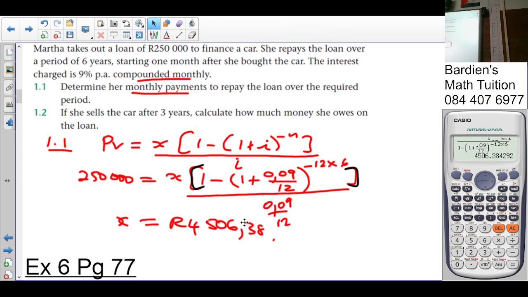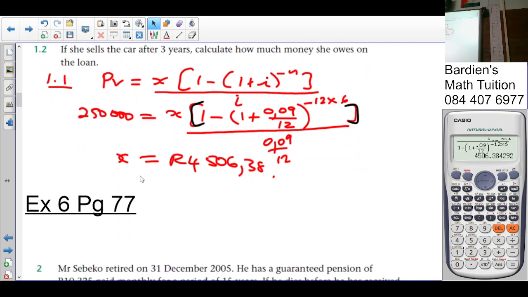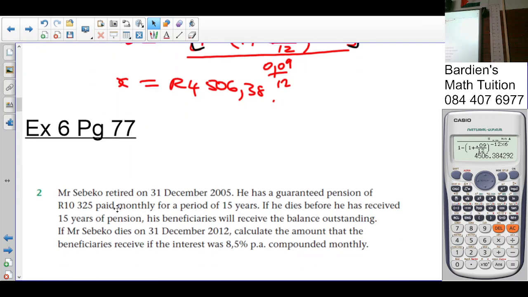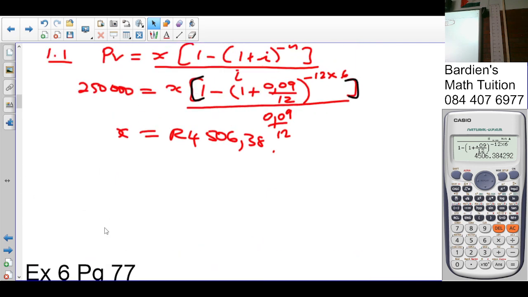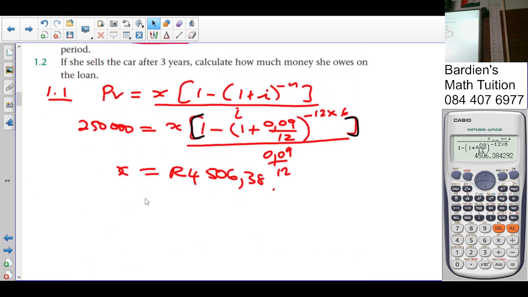Right. Then we are told that if she sells the car after 3 years, calculate how much money she owes on the loan. How much money she owes on the loan.